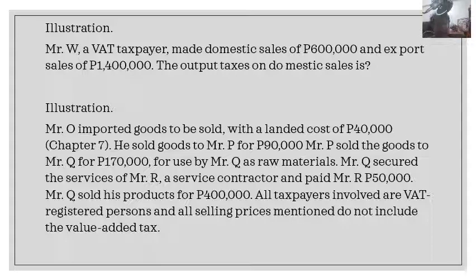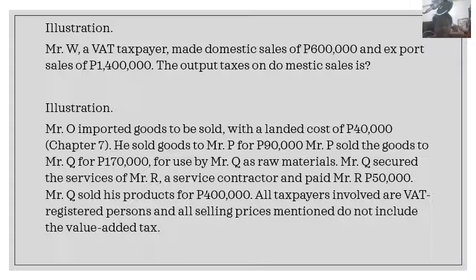Ngayon, ano ang input tax ni Mr. Q? Siyempre, yung binayaran niya kay Mr. P. Magkano yung binayaran niya kay Mr. P? Nung binili niya yon? Siyempre, yung 20,400. Pero hindi lang yan.